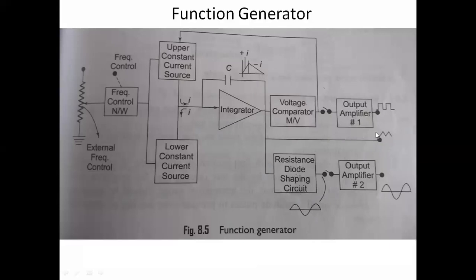From that triangular waveform, we can produce the sinusoidal waveform, and also from the voltage comparator we can produce the pulse waveform, the square waveform. With this we can get three different output waveforms from the function generator.